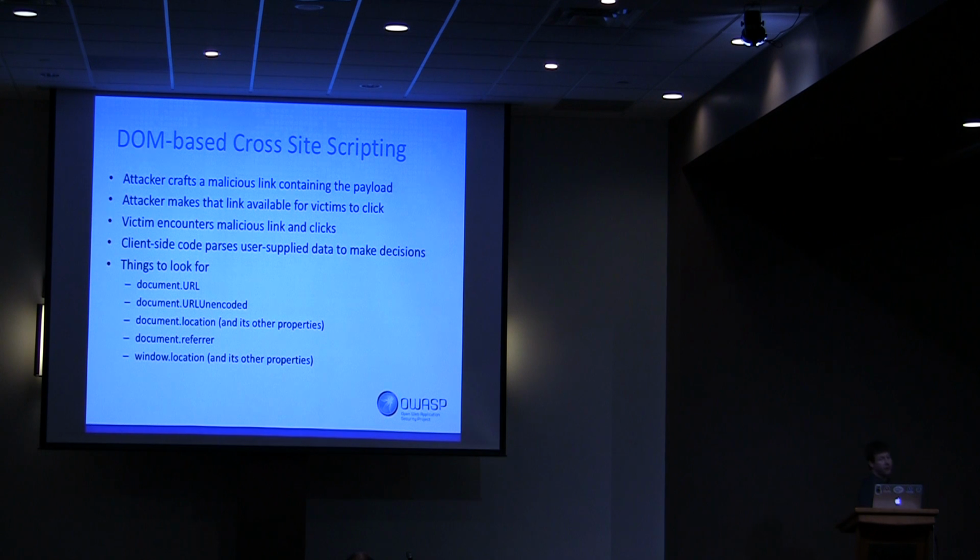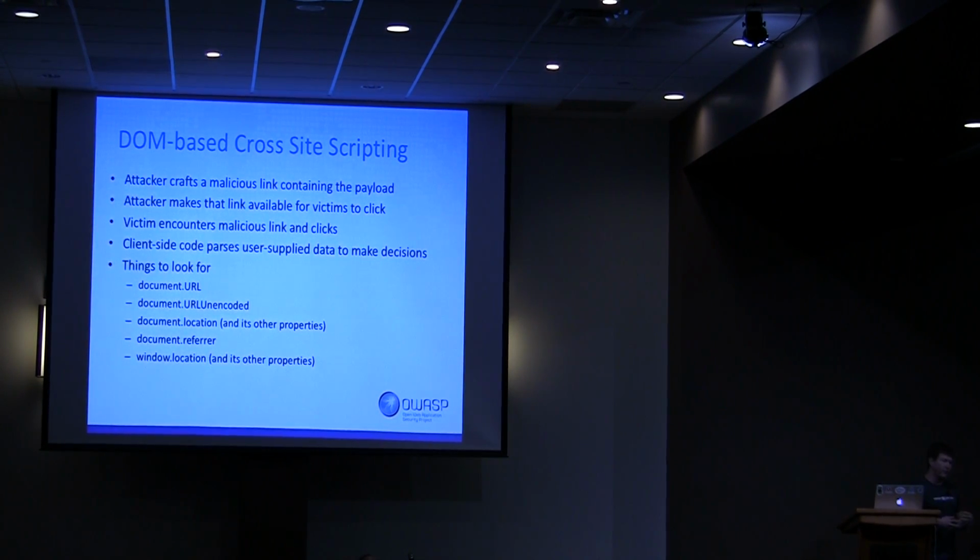In DOM-based cross-site scripting, it's a similar situation where I'm going to craft a malicious link that contains this payload, and the attacker is going to make that link available for the victim to click. The victim encounters it and clicks, and the client-side code is going to parse and use some of this user-supplied data to make decisions.